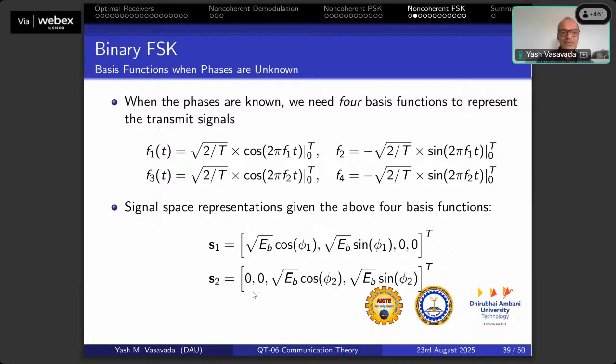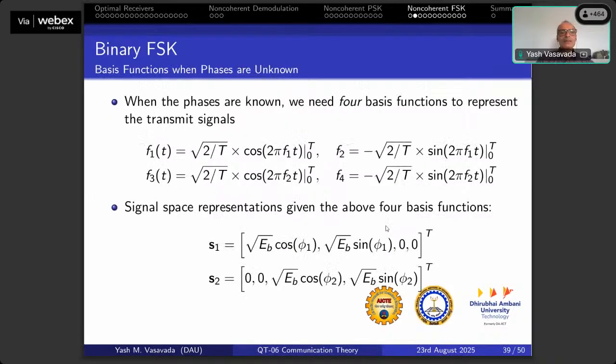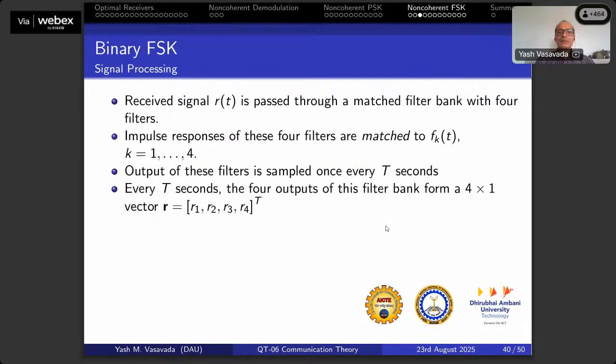Similarly, for S2, f1 and f2 are not present, and it's only f3 and f4: square root of EB cosine of phi2, square root of EB sine of phi2. So now our signal has to be sent through a matched filter with all of these 4 functions.